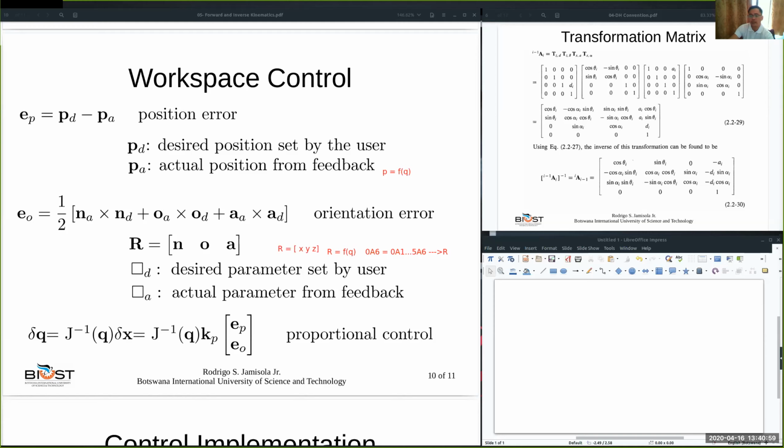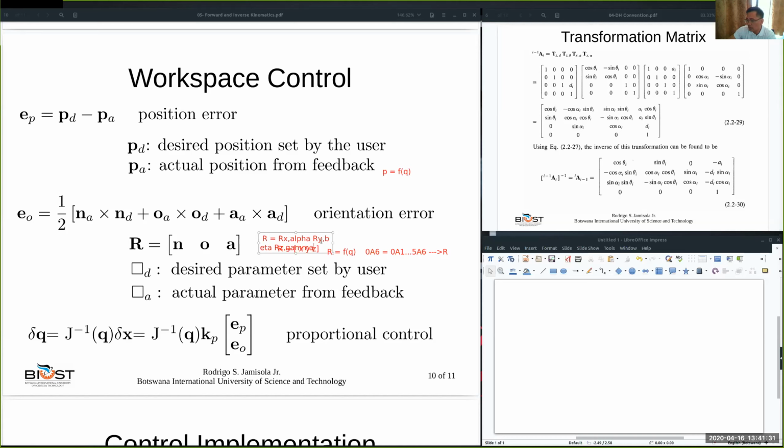But nobody is stopping you from computing R based on, for example, the rotation about the x-axis by alpha, and then multiplied by the rotation matrix about Y based on beta, and rotation about Z based on gamma.